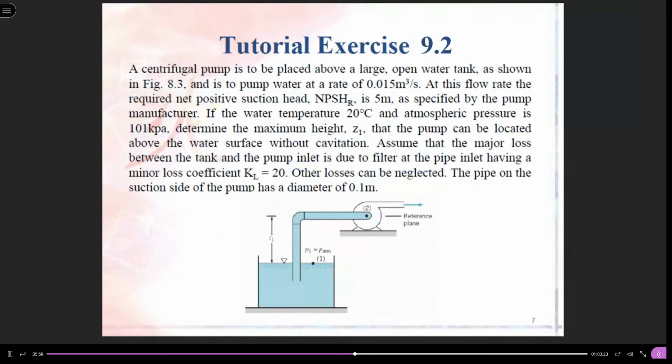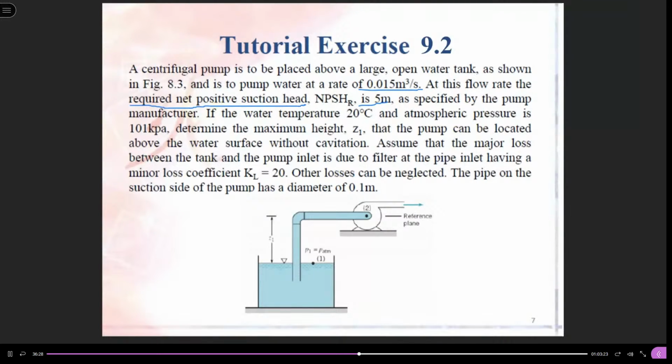Okay, for this question, we have known that the flow rate of the pump is 0.015 cubic meter per second, and the required net positive suction head is 5 meter.